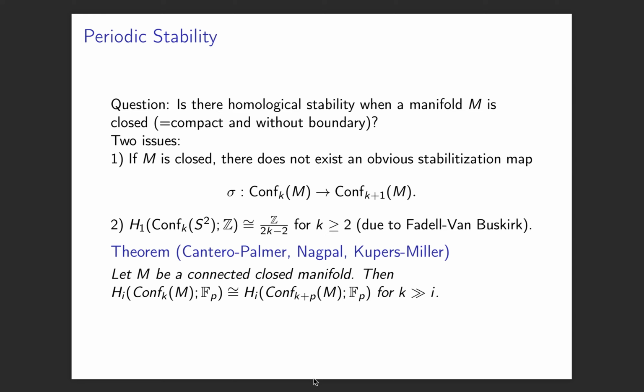So I was able to produce a map from chains on that space to chains on the configuration space of K plus P points on M with FP coefficients. And doing that, one can show that you have periodic homological stability for a closed connected manifold.